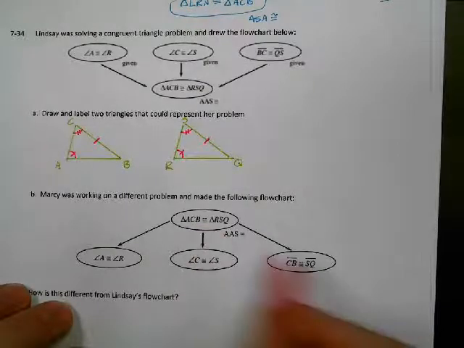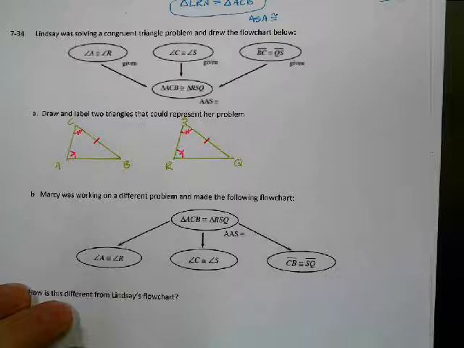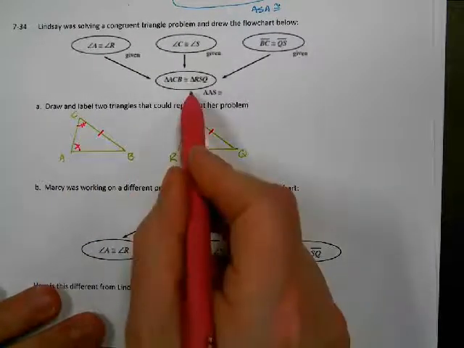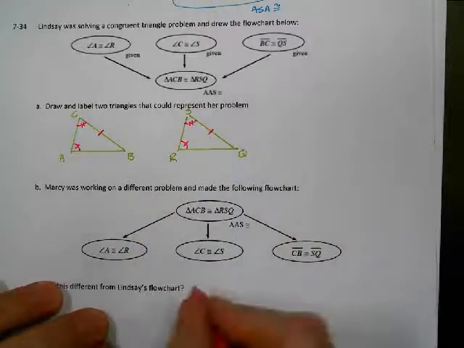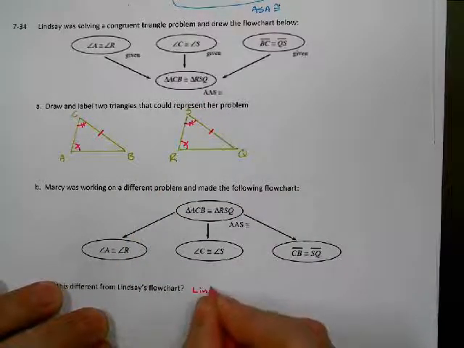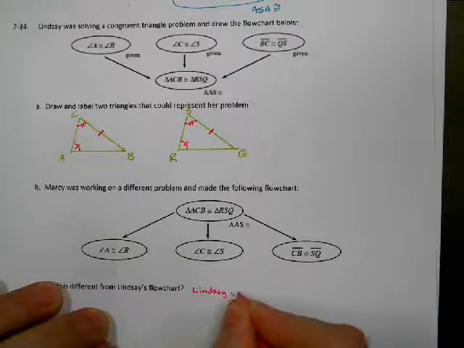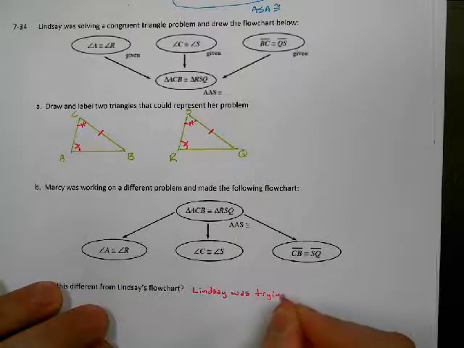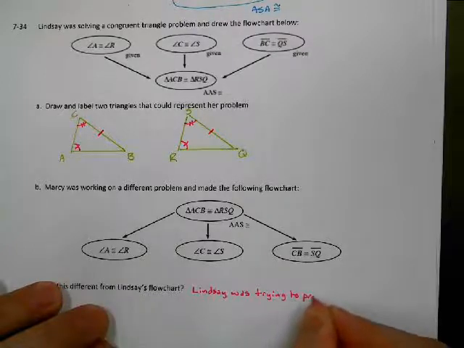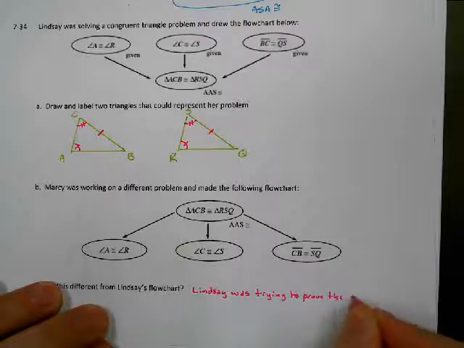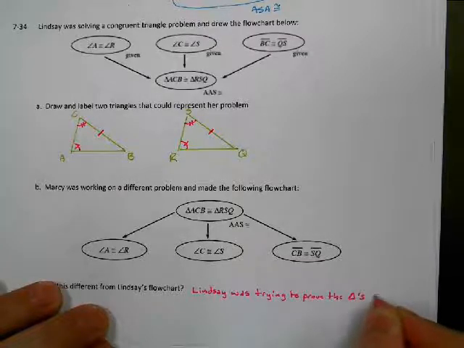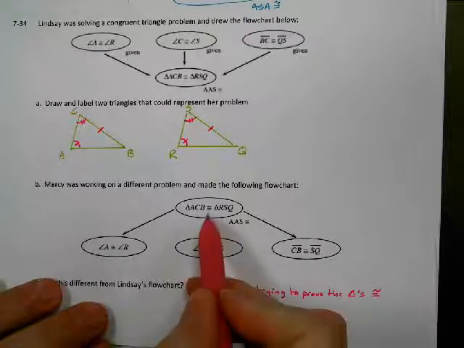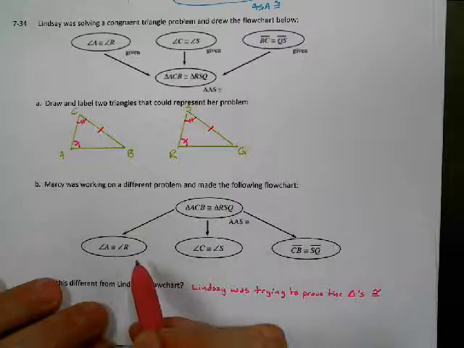So how's it different? Lindsay didn't know the triangles were congruent. She was trying to prove it. So Lindsay was trying to prove the triangles congruent. But Marcy already knew the triangles were congruent, and she was trying to prove that parts of the triangles were congruent, that the angles and the sides were congruent.